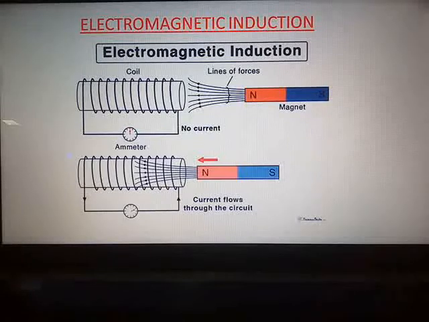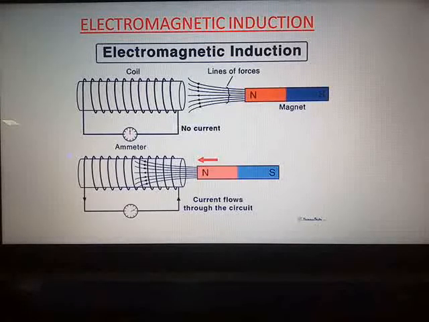We can produce current by moving the conducting wire inside a fixed magnetic field. And if we keep a conducting wire near the magnetic field of a magnet and just move it vigorously, current will be induced in the wire.